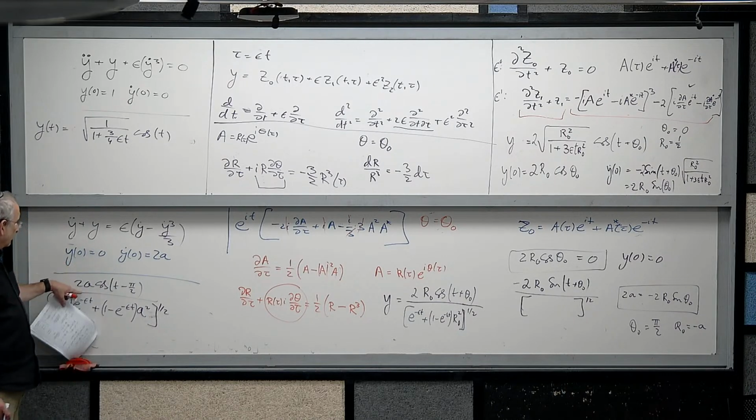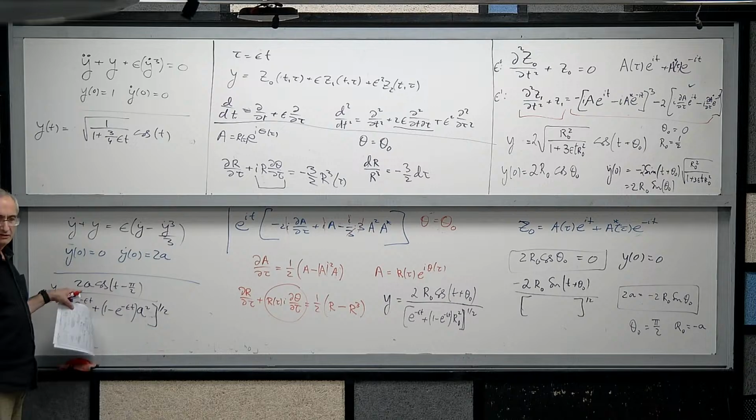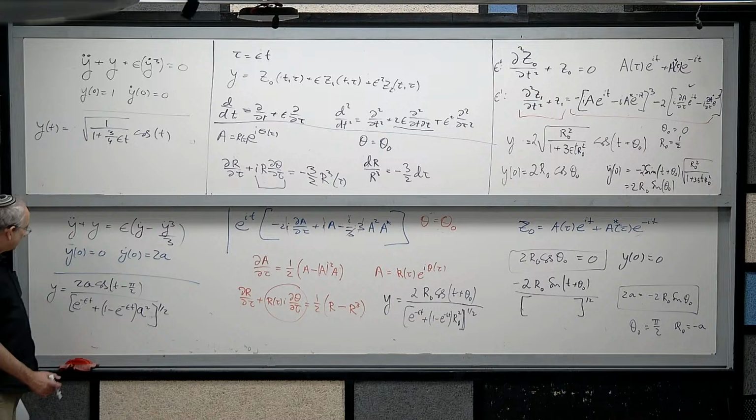Now, what's important is that y of 0 is 0, right? Y dot of 0 to the 0th order in epsilon is 0, okay? And now the question is, what is y at infinity? If I'm waiting infinitely long time, what should I get?